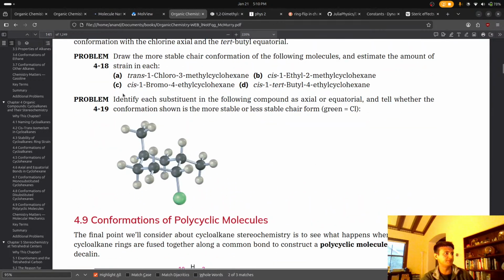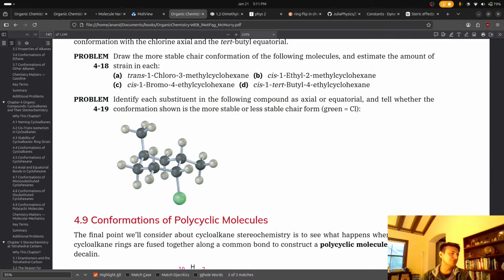Okay, so I guess in general I would say that, well, let's see, specifically 1,4 trans is almost always going to be both equatorial, which is going to be better.